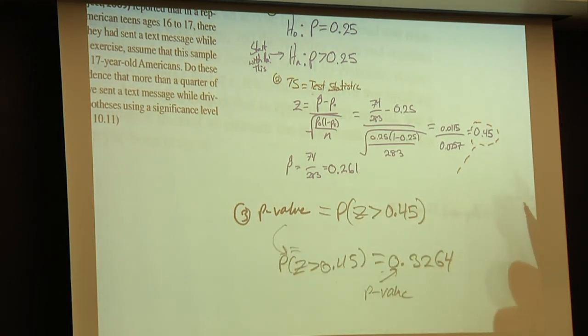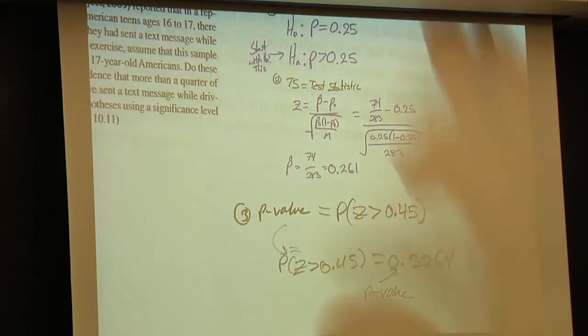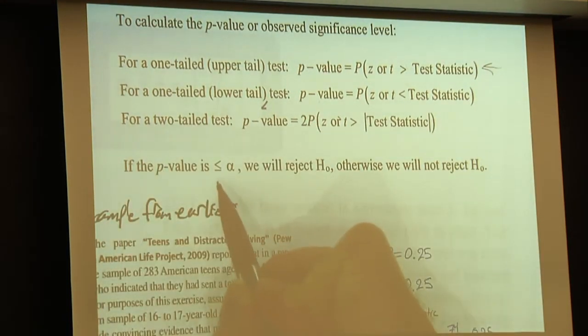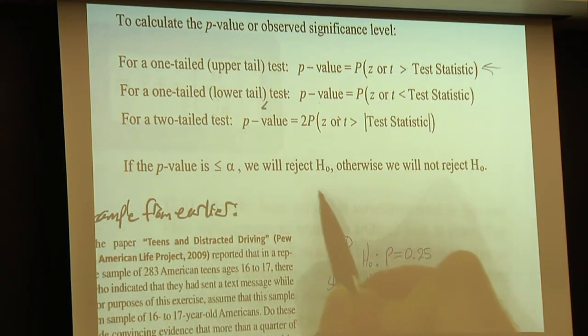Okay? So the way the p-value works, you're still going to either reject H0 or don't reject H0. But we make that determination using this p-value, and we compare it to our alpha. We still had an alpha here of 0.01. That's great. So the way this works is as follows. If the p-value is less than or equal to alpha, we reject H0.